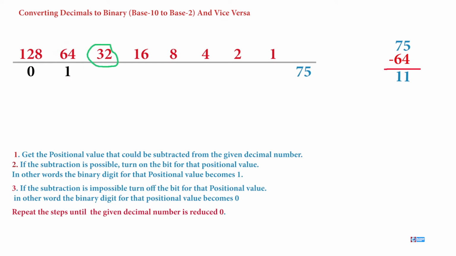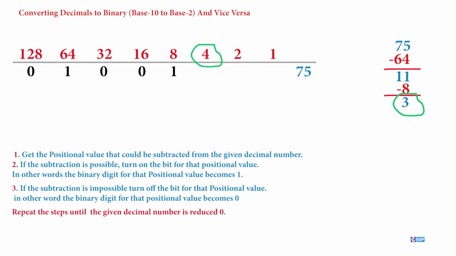Now can we subtract 32 from 11? No, we can't, so we put 0 here. Next, we also can't subtract 16 from 11, so we put 0 here too. Next, 11 minus 8 is possible. We get 3, so we put 1 here.